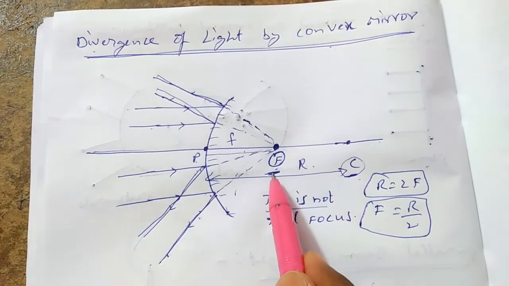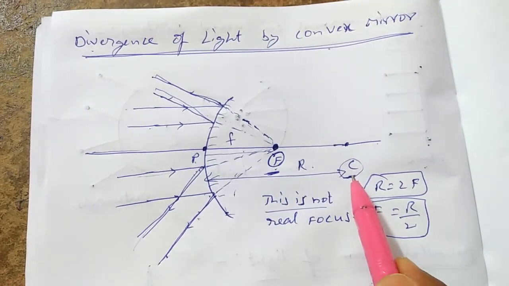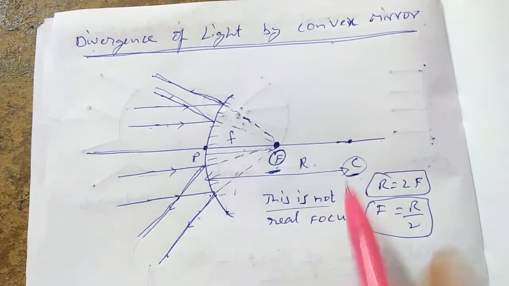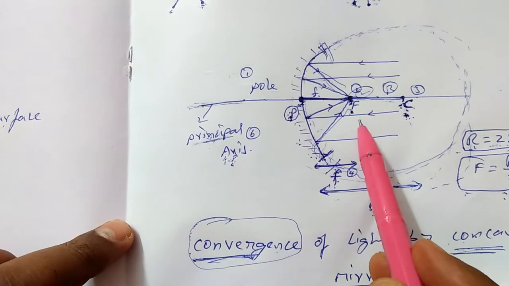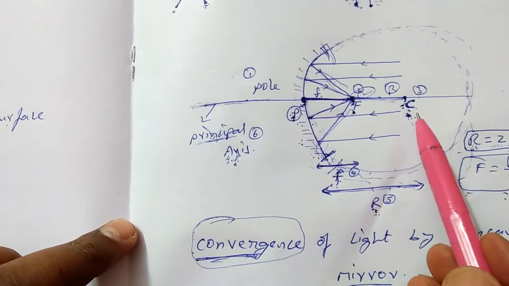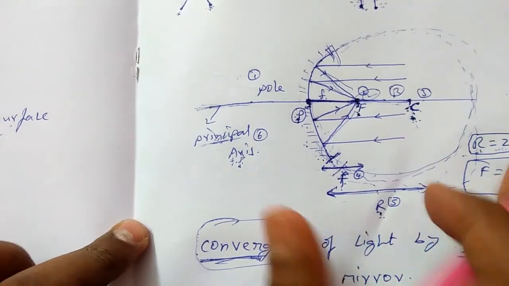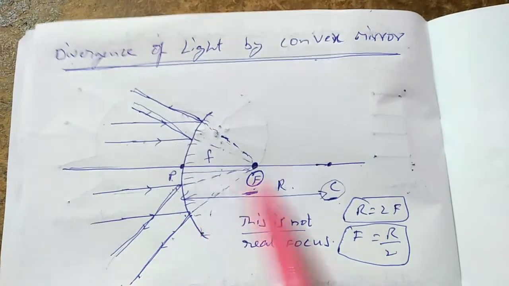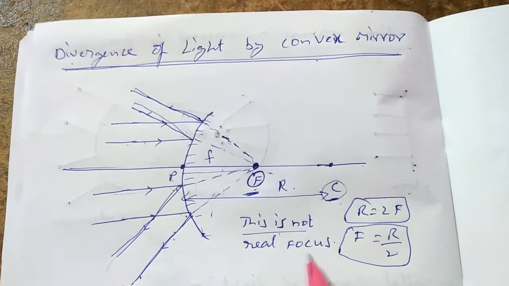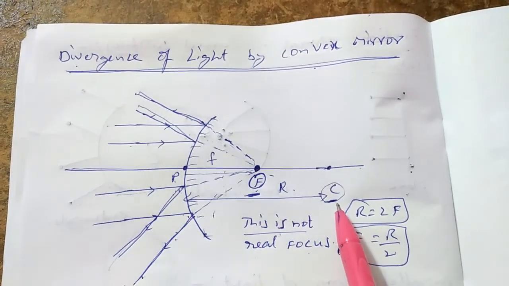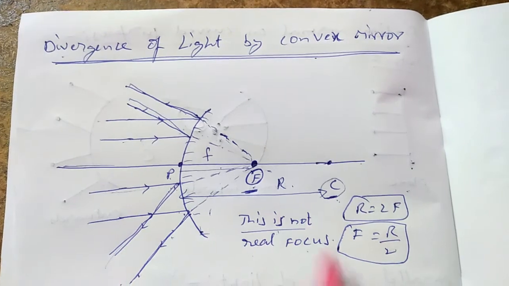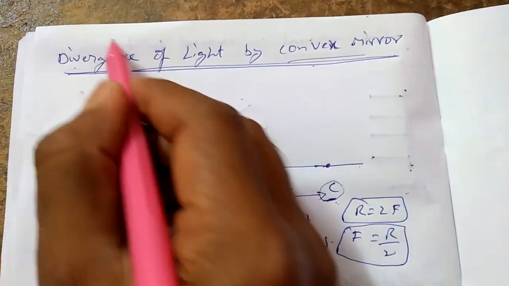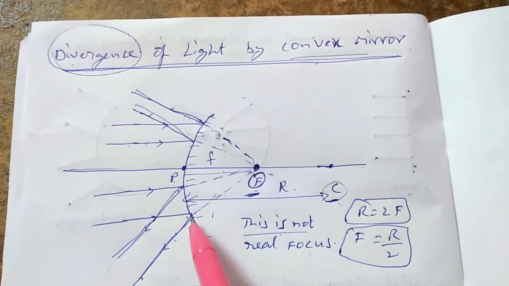This is an imaginary focus, this is also an imaginary center of curvature. Okay, that means only a concave mirror can form a real focus and it has a real center of curvature. But for a convex mirror there is no real focus, no real center of curvature. For a convex mirror we observe the divergence pattern of light.